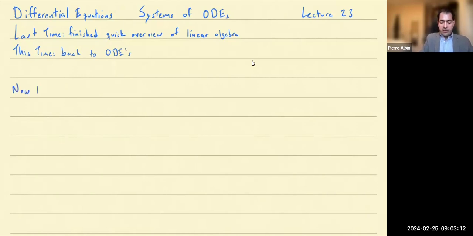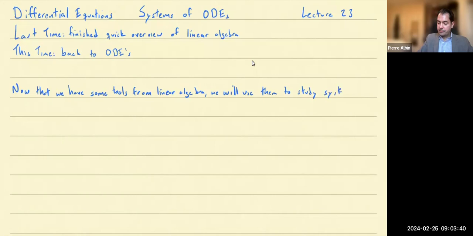So, of course, the idea is that now that we have some tools from linear algebra, we will use them to study systems of ordinary differential equations.